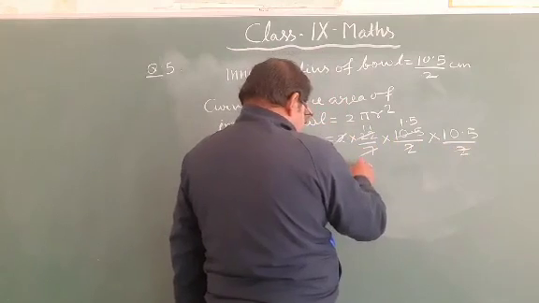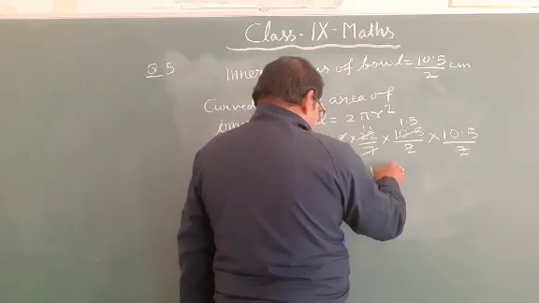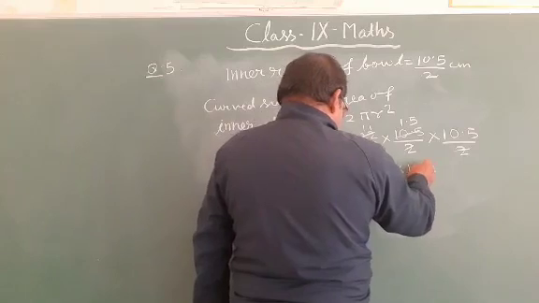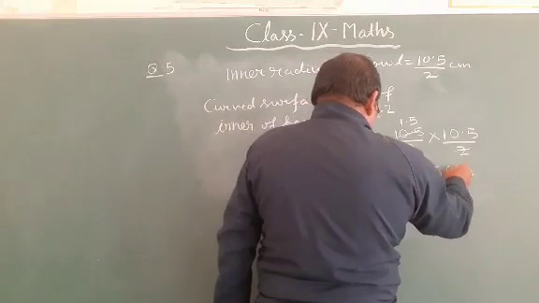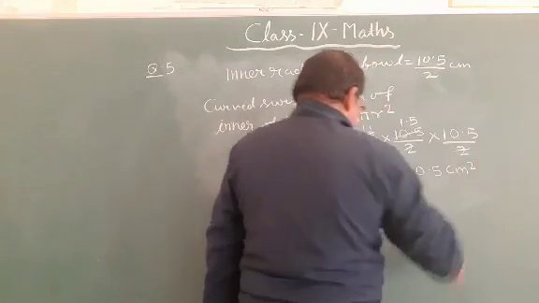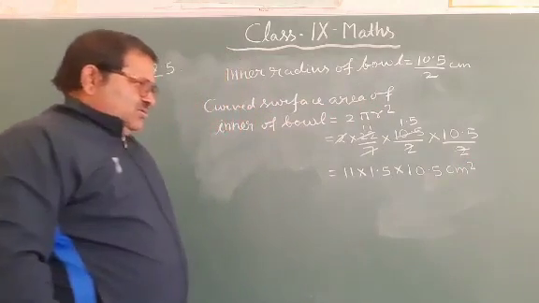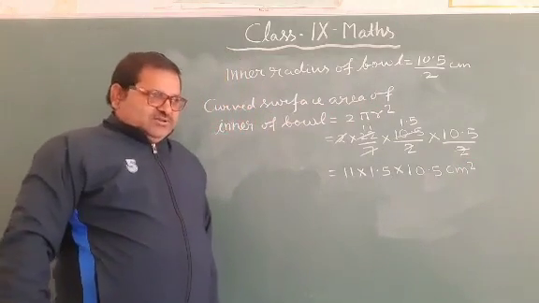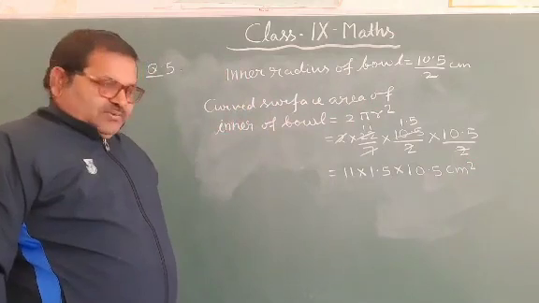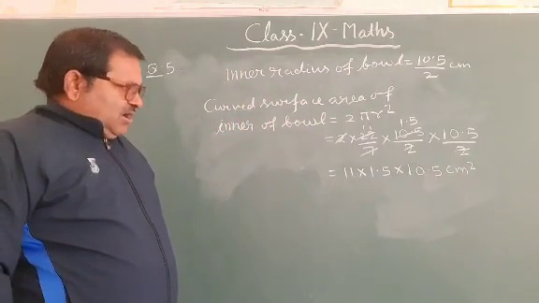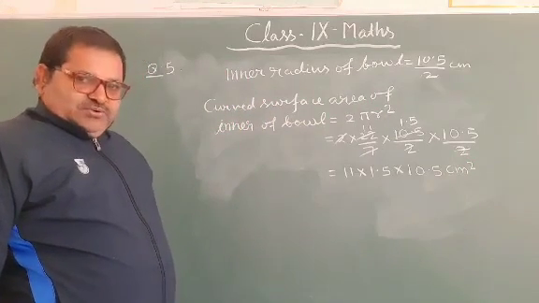So 11 into 1.5 into 10.5 centimeter square. This is the curved surface area of the bowl.